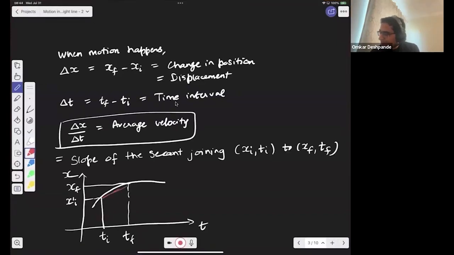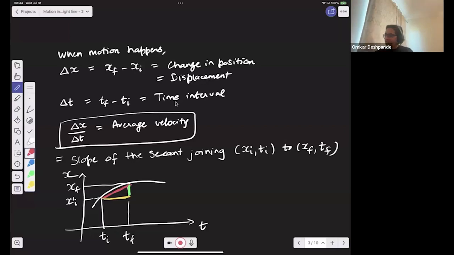Then this red line represents that steady motion that we assume happened over the time interval. And the slope of that line, the rise over the run, would be delta x over delta t. This green part is delta x. This yellow part is delta t. And so the ratio of the green part to the yellow part would be the average velocity, which in this case is positive because you can see the red line is sloping upwards.